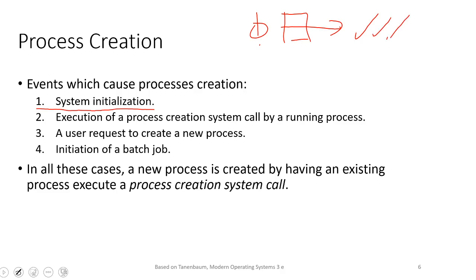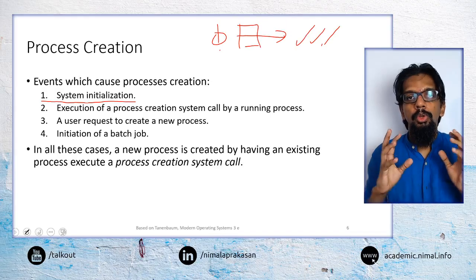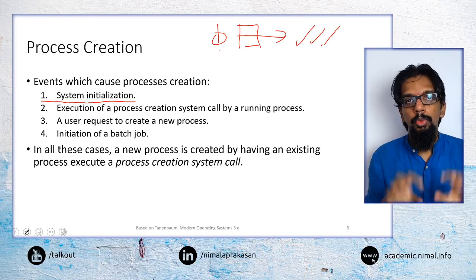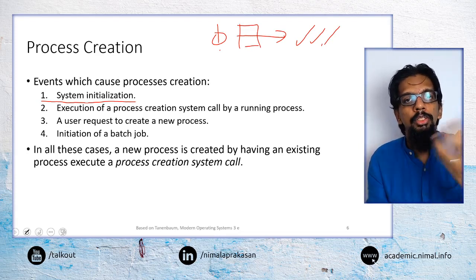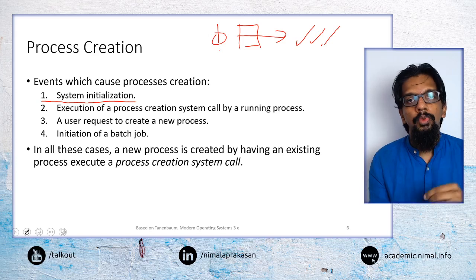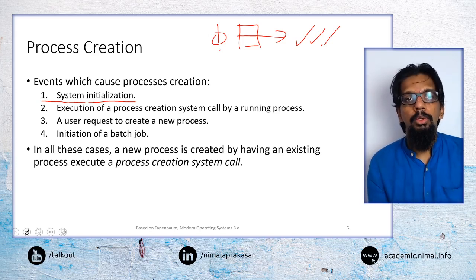Then the second category of process creation is a process that is created by another running process. So you have started Windows. We have switched on the computer, you have the Windows operating system. When you start Windows, what do you observe when you log into the screen?